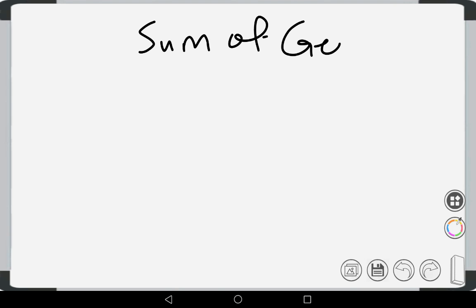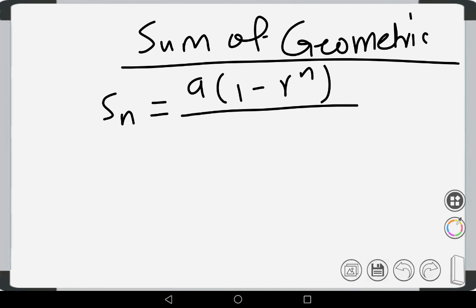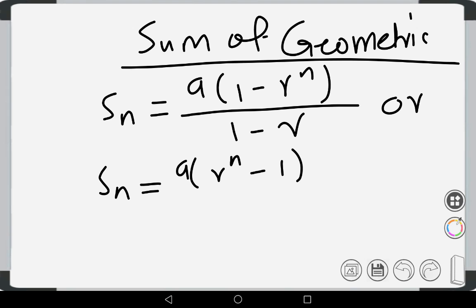Now in a geometric sequence, if we want to get the sum, the formula for the sum is Sn equals a times (1 minus r to the power n) over 1 minus r, or you can write Sn equals a times (r to the power n minus 1) divided by r minus 1.